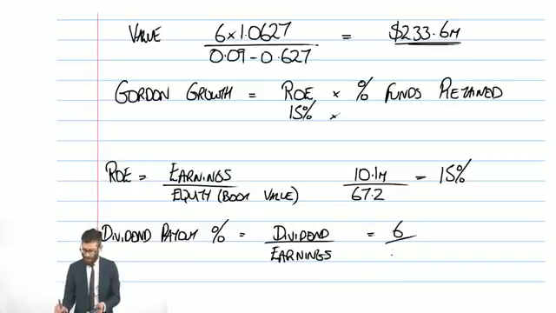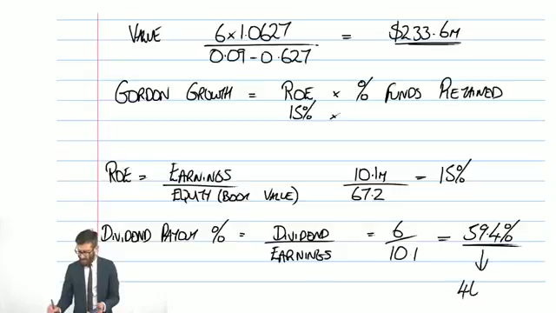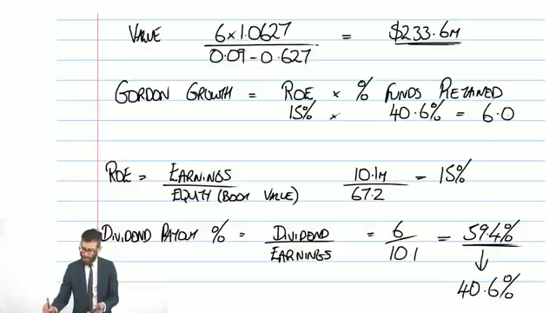Well, the dividend was 6, the earnings was 10.1, so that comes in at 59.4%, which means we must have retained 40.6%, which means our growth, according to Gordon, is 6.09%.